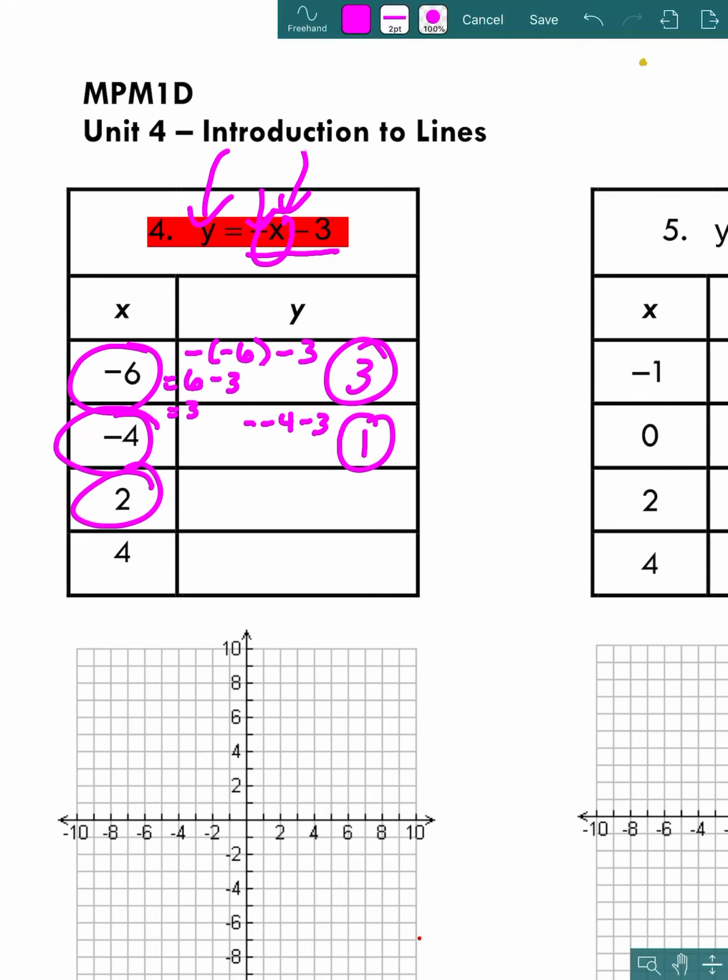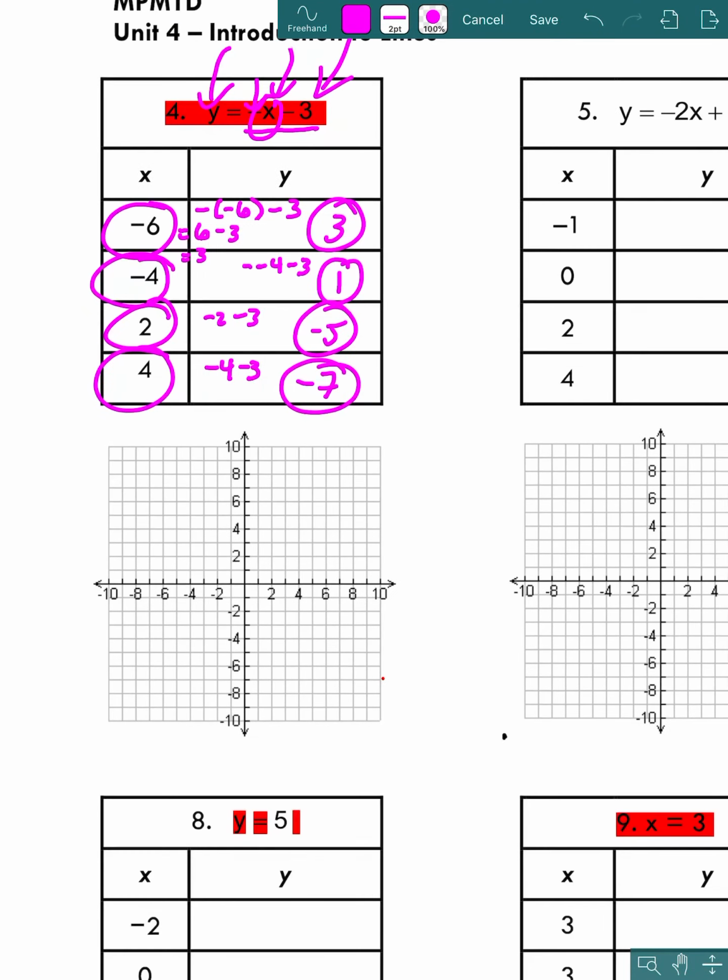Then we've got x is 2. So when y is equal to negative x minus 3, y equals negative 2 minus 3, which is going to give us negative 5. And then we've got 4. Y equals negative 4 minus 3, which is negative 7. So let's plot those points. When x is negative 6, y is 3. When x is negative 4, y is 1.